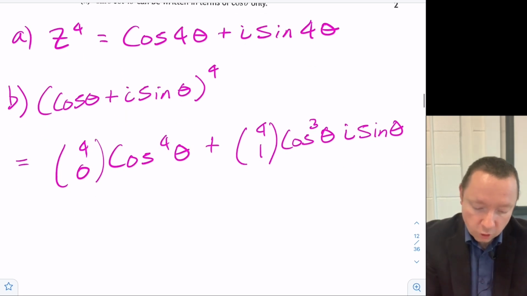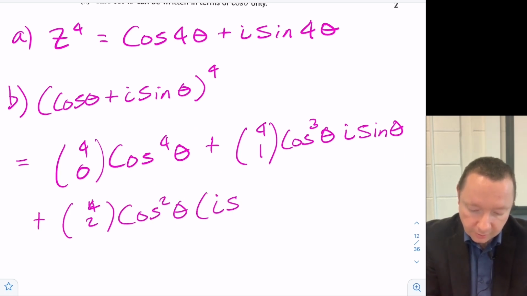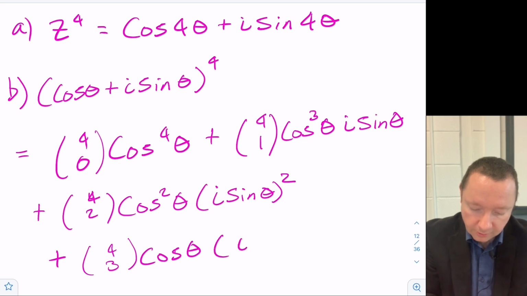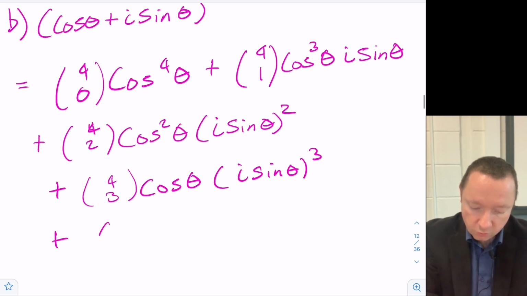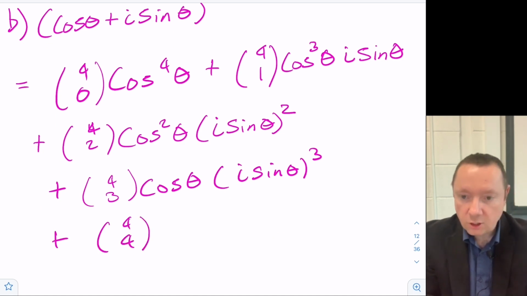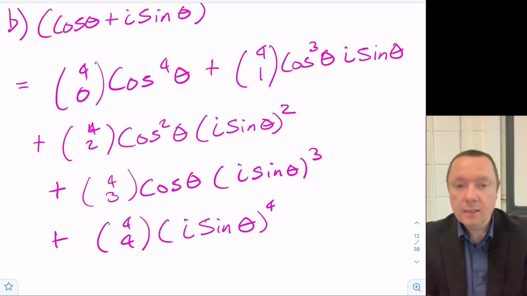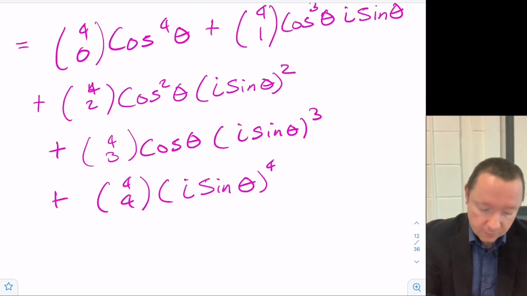And then we'll have 4 choose 2 of cos squared theta, i sin theta squared, which we'll work out in a minute. 4 choose 3 of cos theta, i sin theta cubed. And lastly, 4 choose 4 of just i sin theta to the power of 4. Remember, i is so tidying this up.